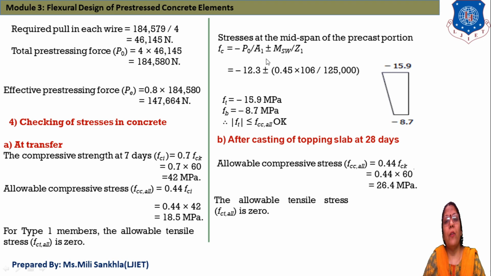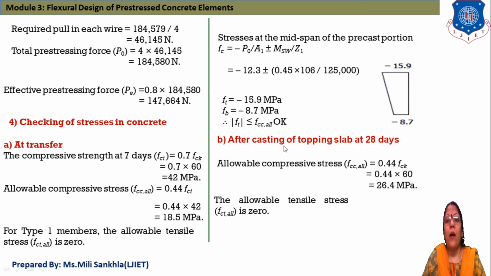After solving this, top stress is minus 15.9 megapascal and bottom stress is minus 8.7 megapascal, and the modulus of FT should be less than or equal to FCC all. Here we check that our allowable compressive stress is 18.5 and both values are less than the allowable compressive stress, that means the check is okay for the transfer condition.